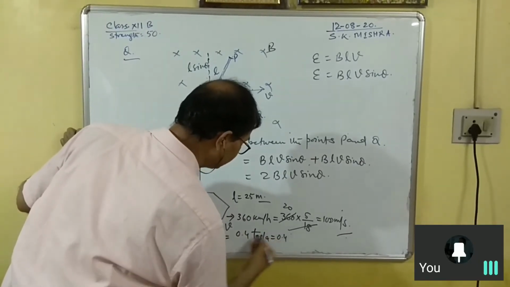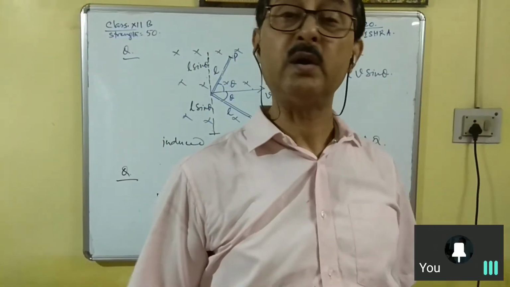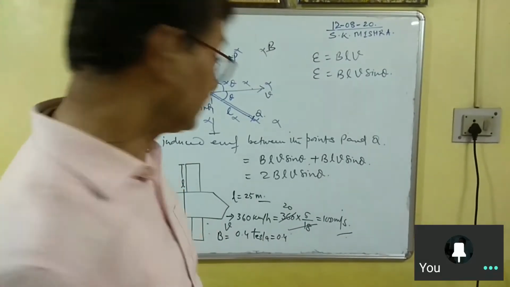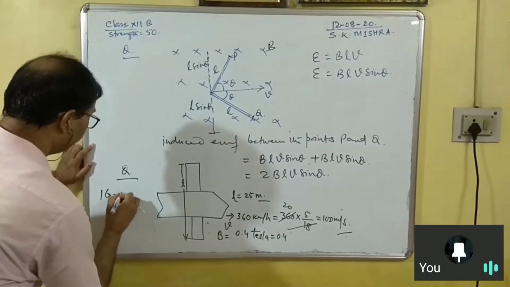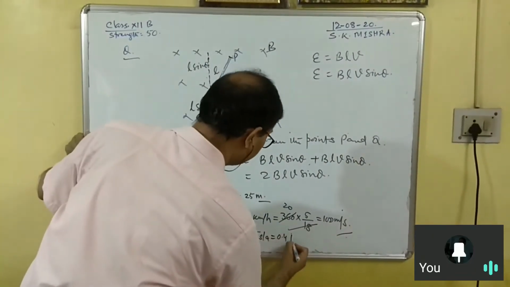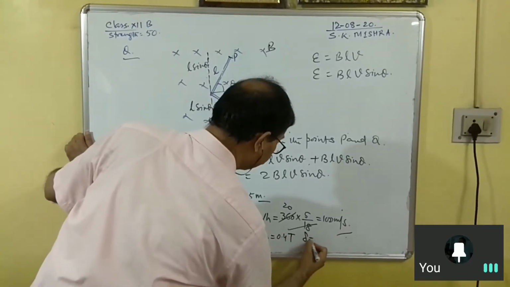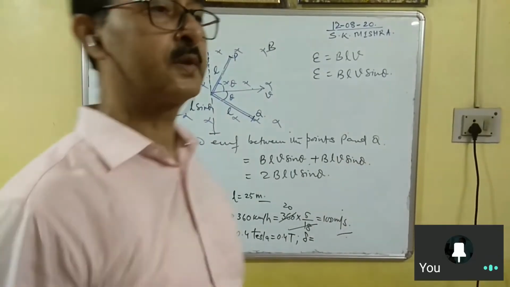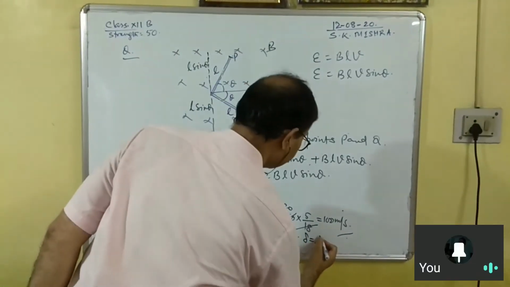Or sometimes it may be given in Gauss. And you know, 1 Gauss is 10 raised to minus 4 Tesla. If it is given in Gauss, you can convert it into Tesla. I am writing the formula: 1 Gauss is equal to 10 raised to minus 4 Tesla. Okay. So 0.4 Tesla is the magnetic field. The angle of dip is also given to you, and the dip at that place is, suppose, 30 degree.